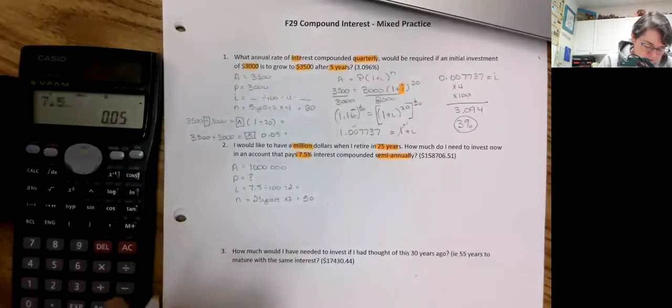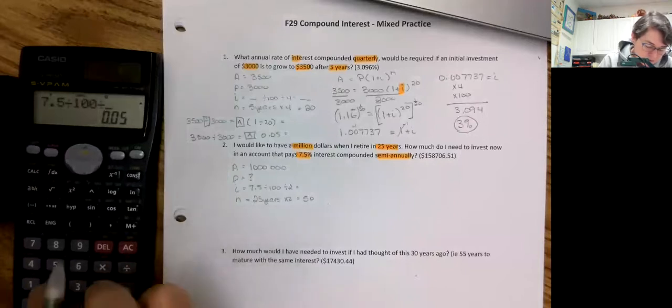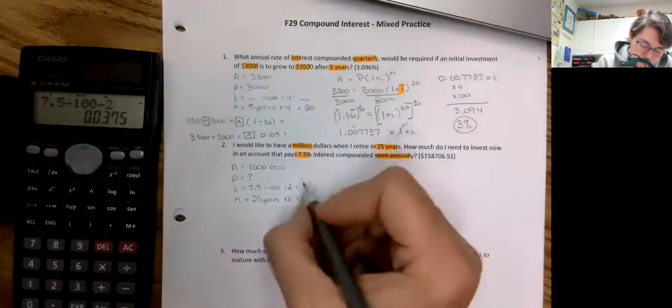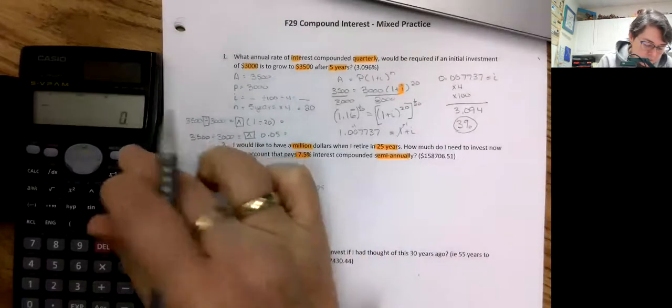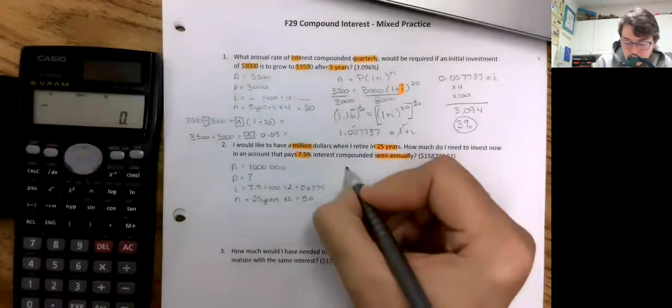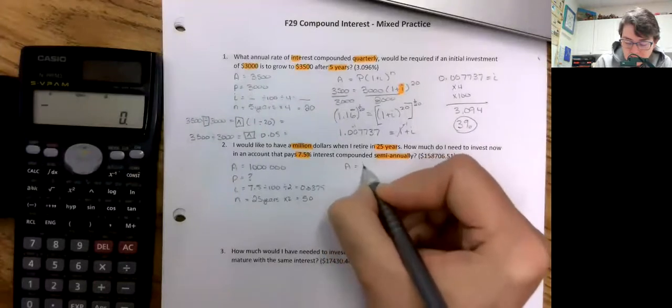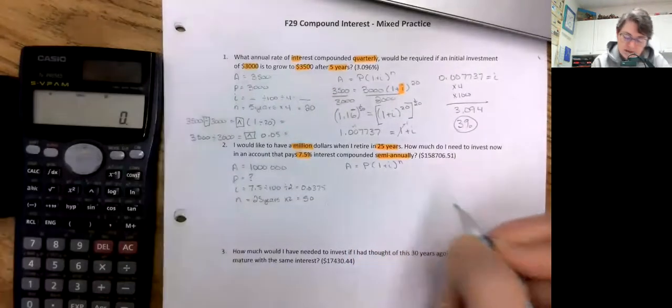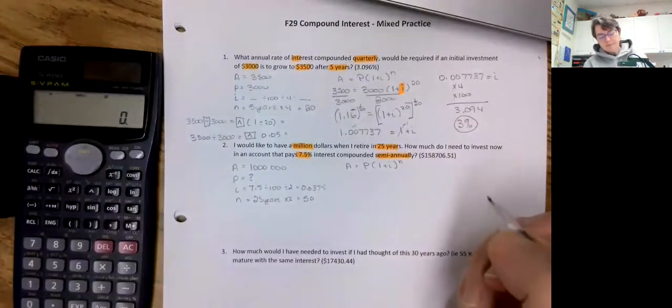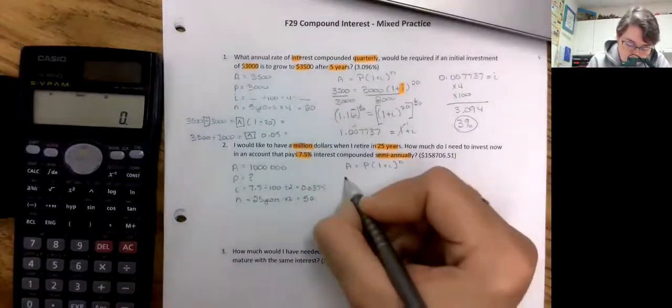7.5 divided by 100 divided by 2 is 0.0375. All right, formula time. A is equal to P times 1 plus I to the N. $1 million.